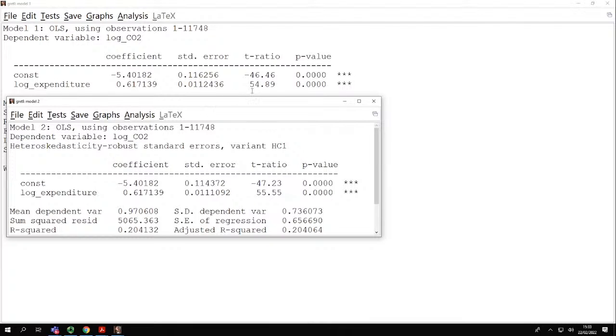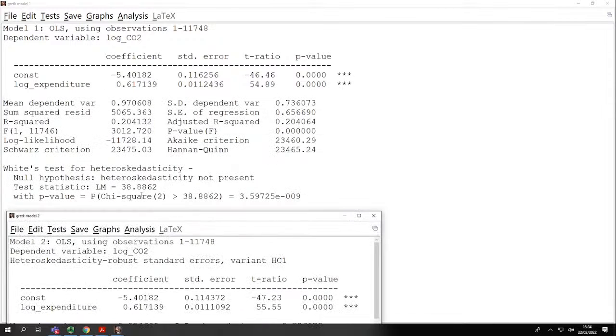Yesterday I said you can interpret the White test as a kind of statistical distance between the standard error you have here and the standard error you have here. So apparently, if we don't take into account the variability, they look very similar, but the test says we have rejected homoscedasticity. So from a statistical point of view, they are different.